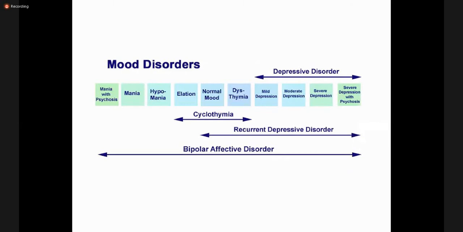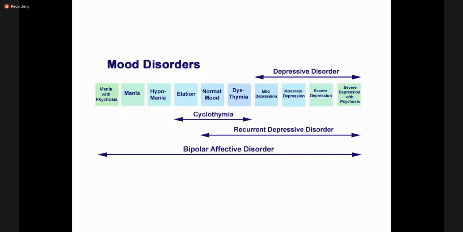Just have a look at this. It may seem complicated, but it's not very complicated. Basically, what they're trying to explain here is that mood disorders lie on a continuum, right? On one end is mania, on the other end is depression.